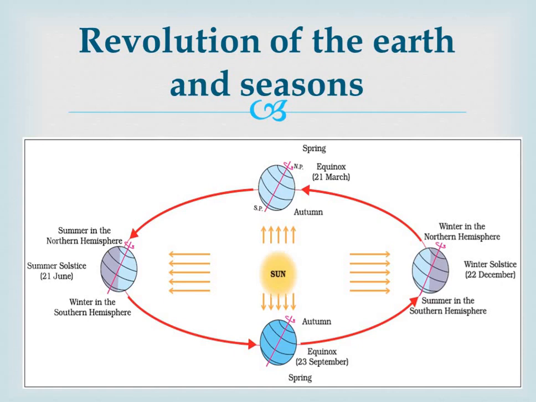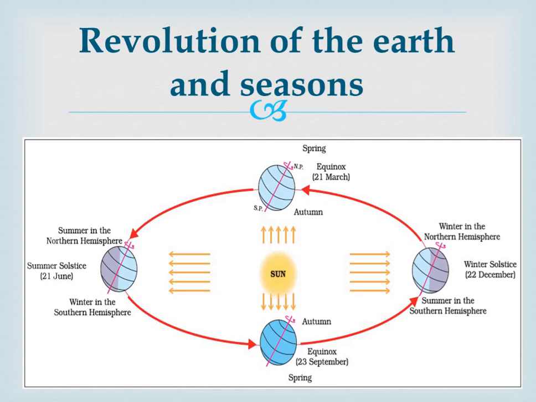Winter solstice falls on 22nd December, the day when direct rays of the sun fall on the Tropic of Capricorn in the southern hemisphere, and that is the longest day and shortest night in the southern hemisphere, and it is vice versa in the northern hemisphere, the shortest day and longest night.